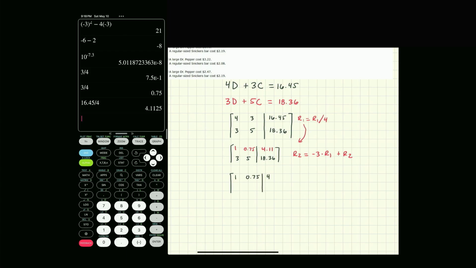We're just multiplying it and then adding that result to row 2. So -3 times 1 is -3, and -3 plus 3 is 0. -3 times 0.75 plus 5, I don't know what that is, 2.75.